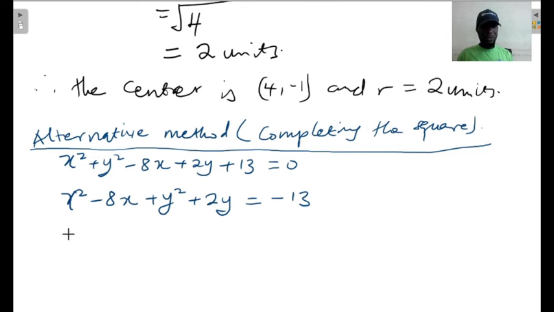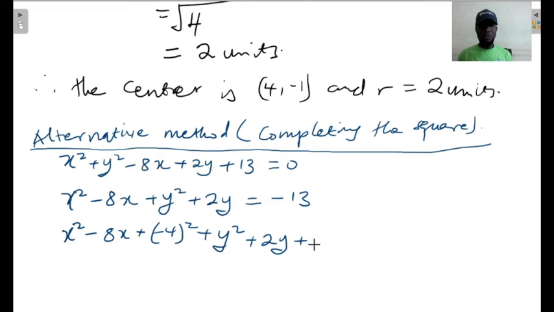So this is going to give us x squared minus 8x, then half of this will be negative 4, so plus negative 4 squared, then plus y squared plus 2y, half of 2 will be 1 squared, then equal to negative 13.